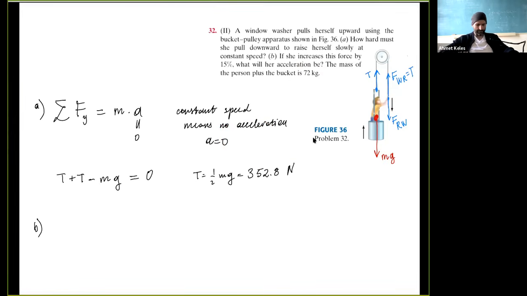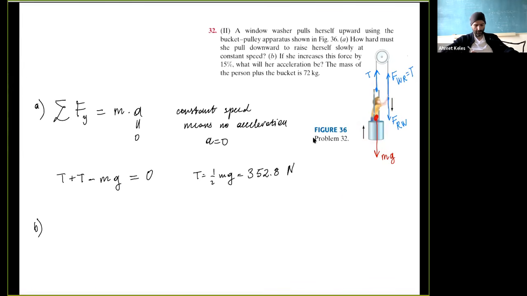B, okay, where is FRW? FRW is, let's look. We are interested in the acceleration of this woman plus bucket system. So let's call this woman for short. And then we are interested in the force on the woman.